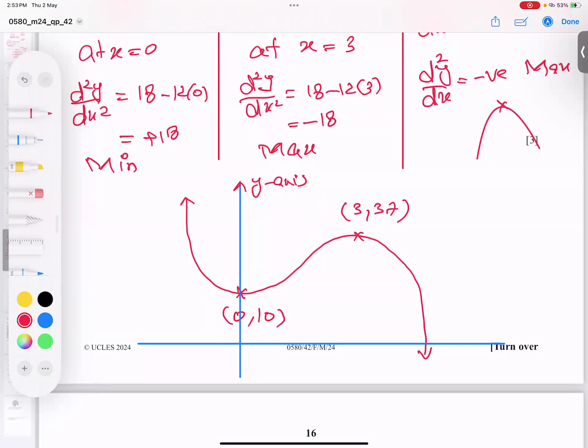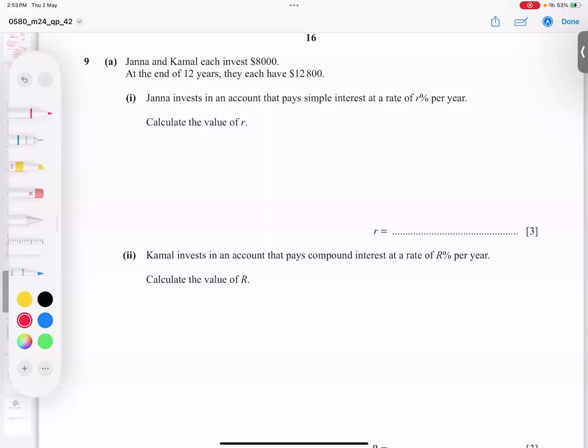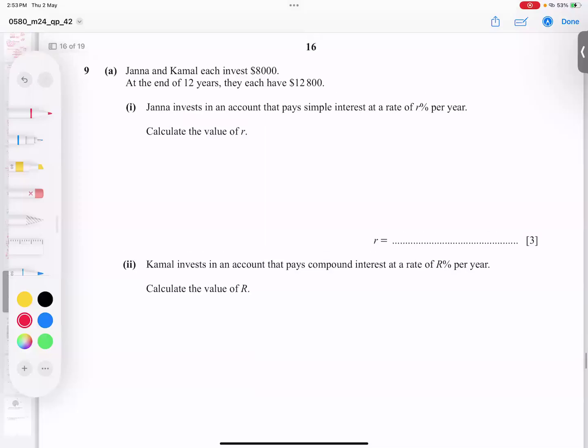Okay, Alhamdulillah Rabbil Alameen. Let's go to question number 9. Jenna and Kamal each invest $8,000.